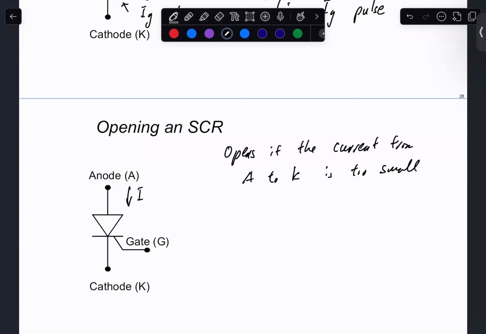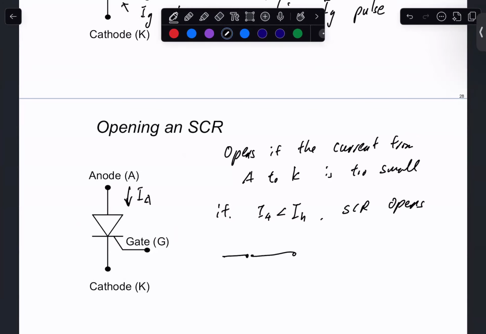If this current is close to zero, then this thing opens. Let's call this IA. At this time, the gate driving pulse, or IG, is already zero. Once this is on, there's some threshold current, IH, and if IA is less than IH, then the SCR opens.